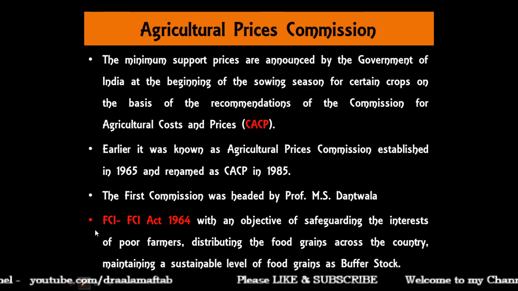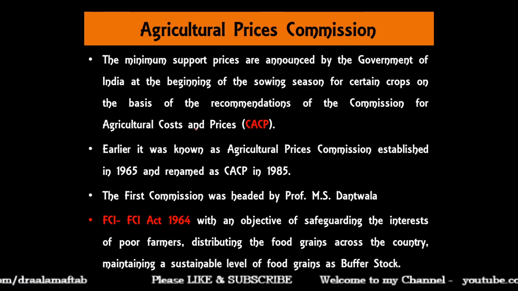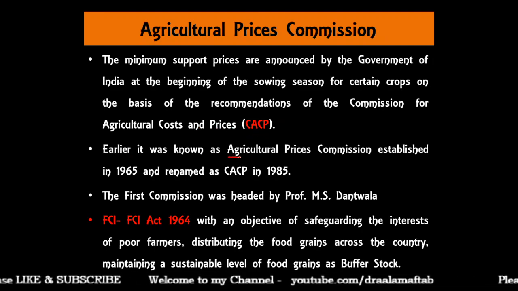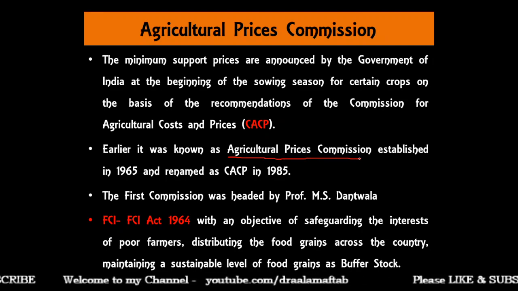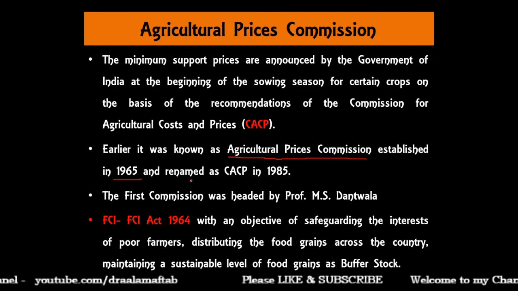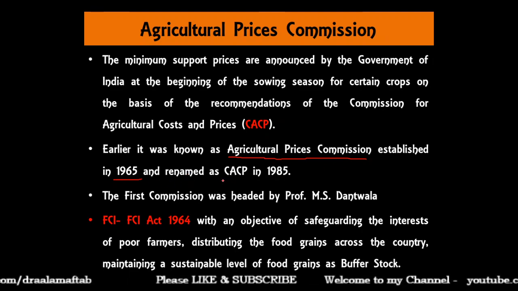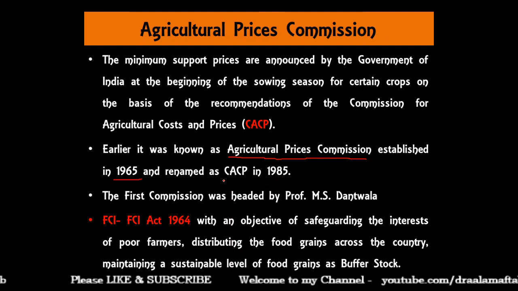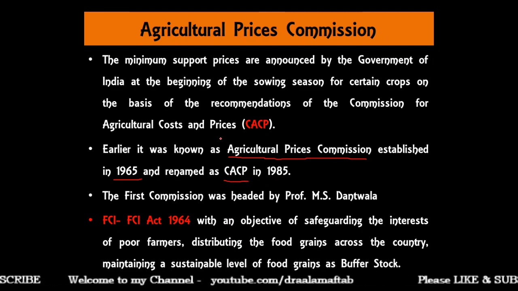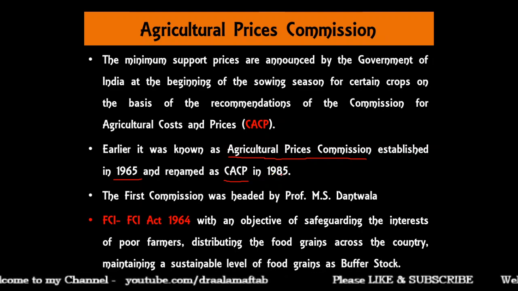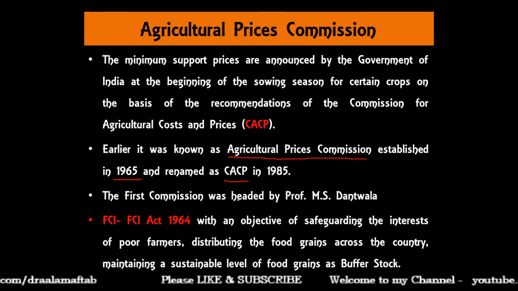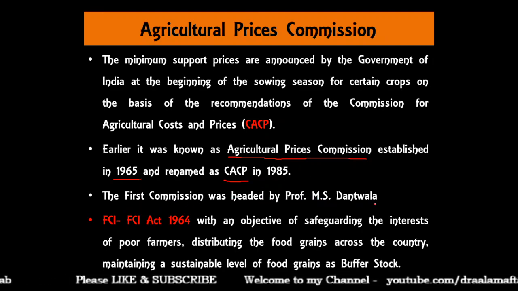In fact, this CACP, earlier it was known by the name Agricultural Prices Commission, which was established in 1965. Later on it was renamed as Commission for Agricultural Costs and Prices, CACP, in 1985. The first commission, Agricultural Prices Commission, was headed by Professor M.S. Dantwala.